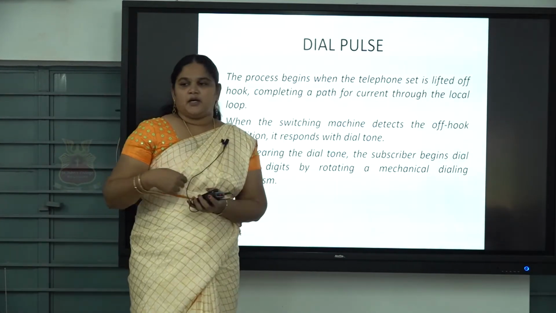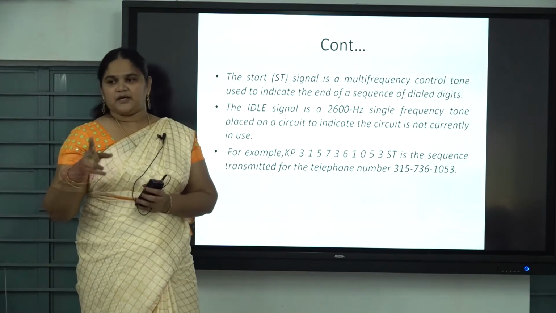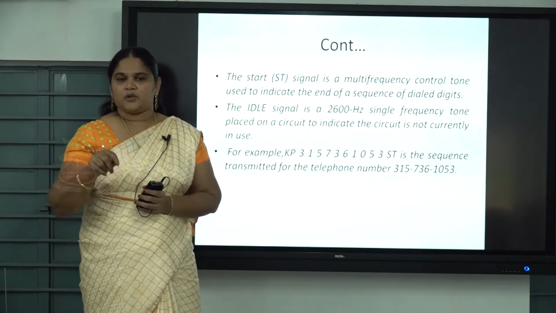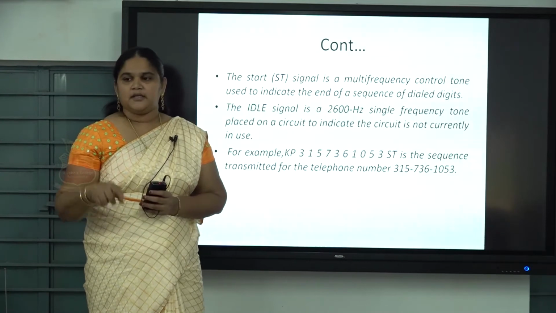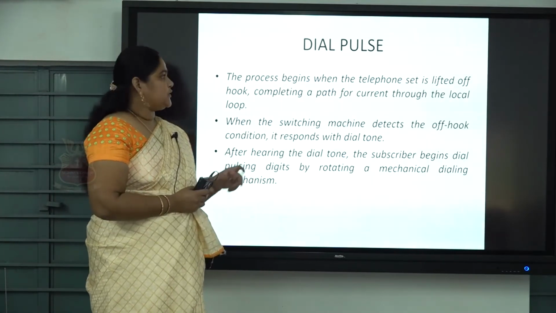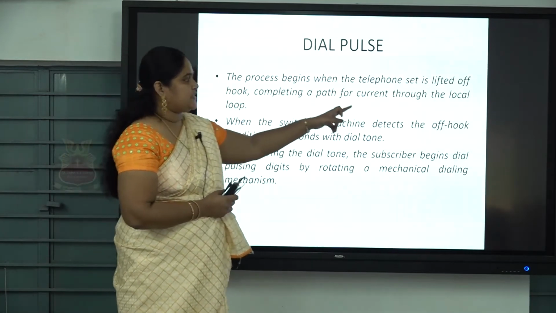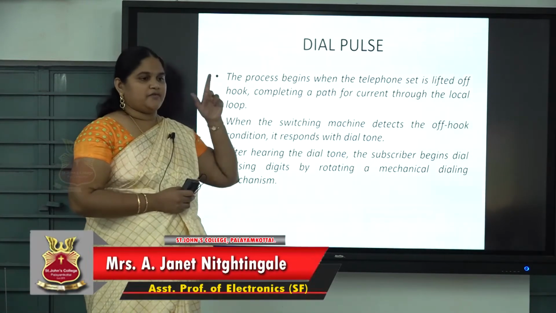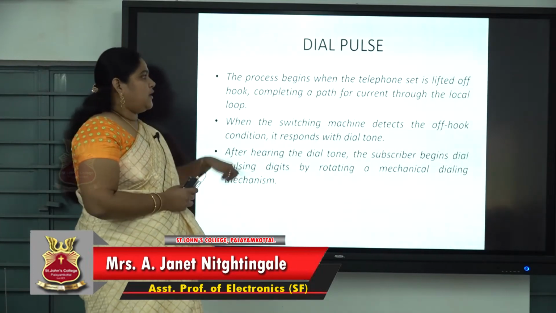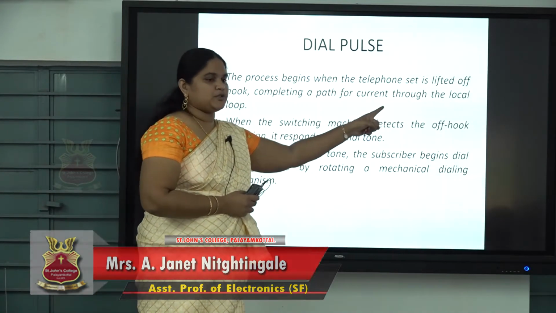Next one is dial pulse. In the telephone industry we use 2 types of telephones: one is the keypad, the other is the mechanical dialer. The mechanical dialer uses dial pulse. The process begins when the telephone set is lifted off hook, taking the phone from the cradle, which completes the path of current through the local loop.